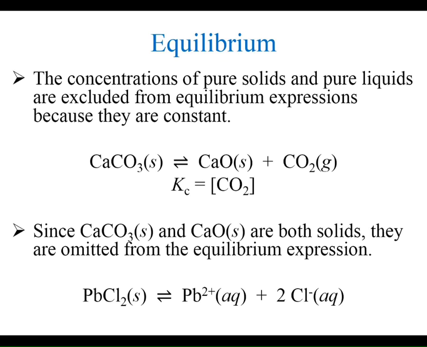So I would put the concentration of lead(II) times the concentration of chloride squared, and the solid I wouldn't even include, nothing there because it's constant. So basically, don't include solids or liquids. That's the rule of thumb. Aqueous species and gases are fine. Don't include solids or liquids because you can't change those concentrations.